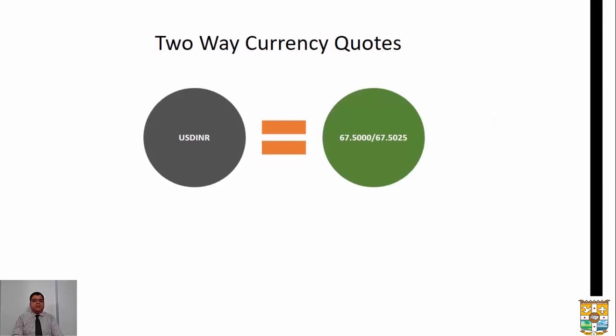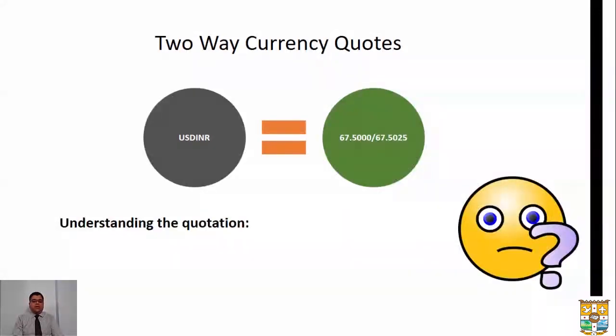Quotes are always given two ways. So whenever you go to a market maker, he will quote rates for both buying and selling a currency pair. For example, the quote for USD INR might look like this: 67.5000 and 67.5025. So what does this mean?